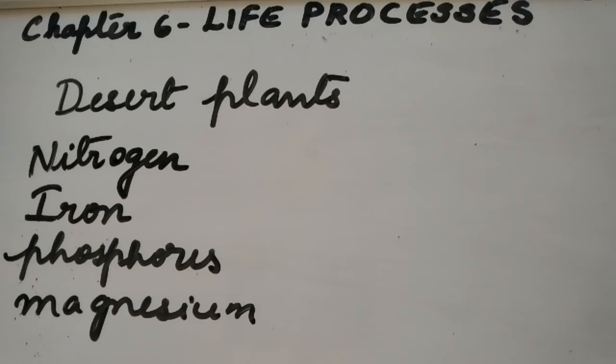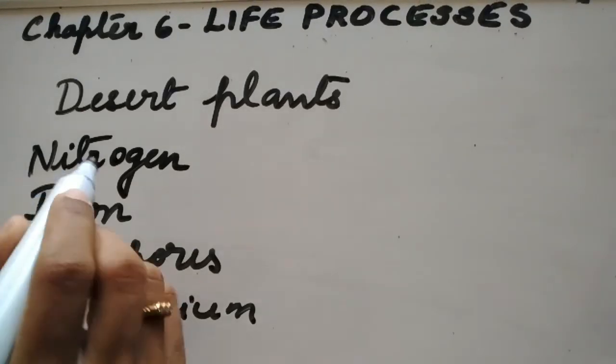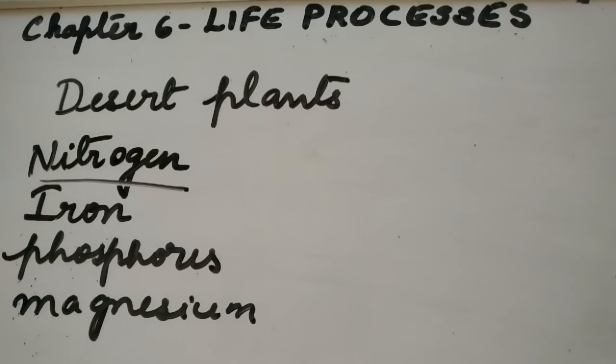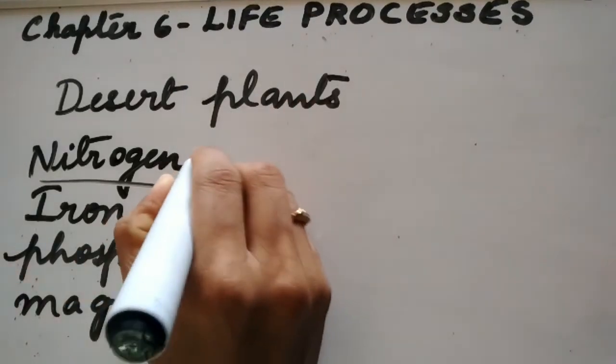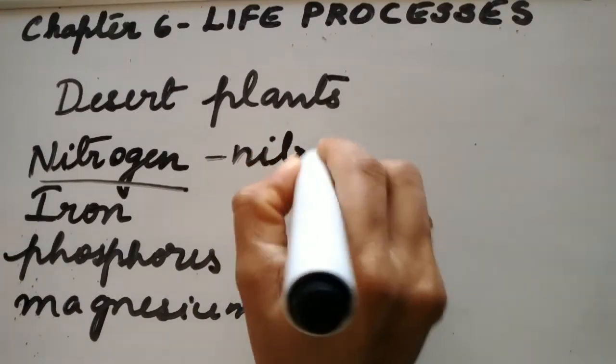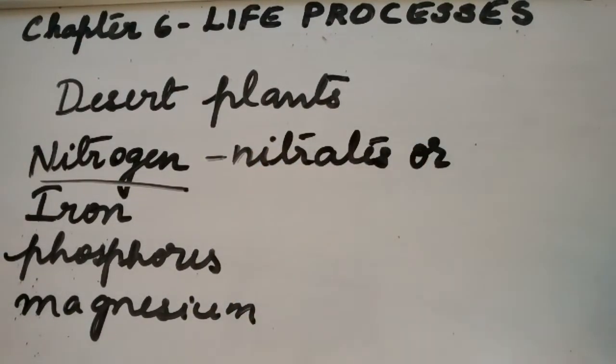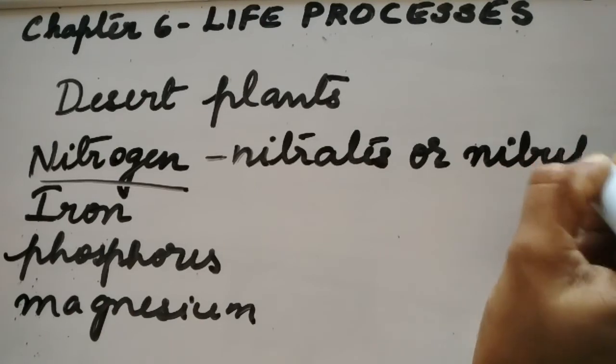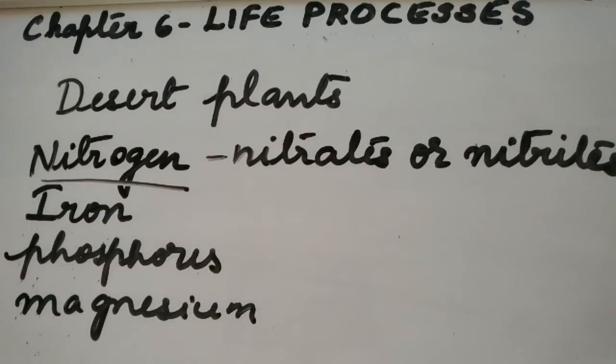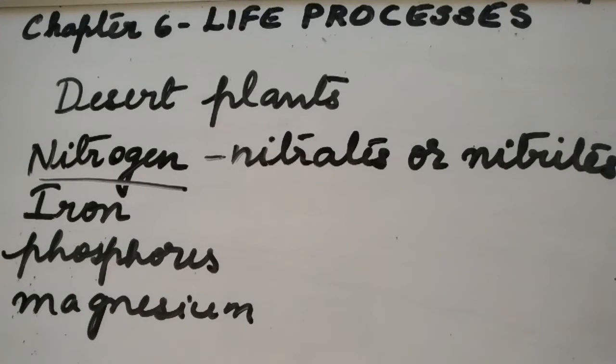Nitrogen is an essential element used in the synthesis of proteins and other compounds. Nitrogen is taken up in the form of inorganic nitrates or nitrites. Also, it is taken up as organic compounds which have been prepared by bacteria from atmospheric nitrogen.